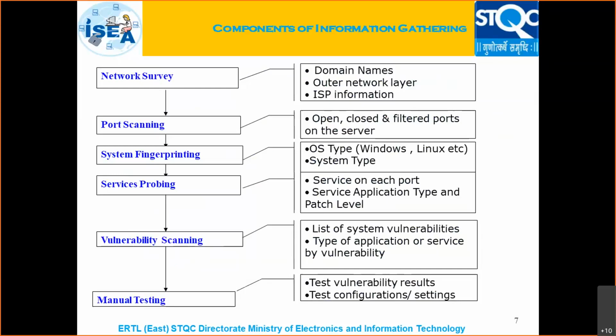I can define my service with another port also, but in general we don't do that. So for registered ports, services are defined. Apart from that, it's up to the network administrator to design the port according to his own choice.